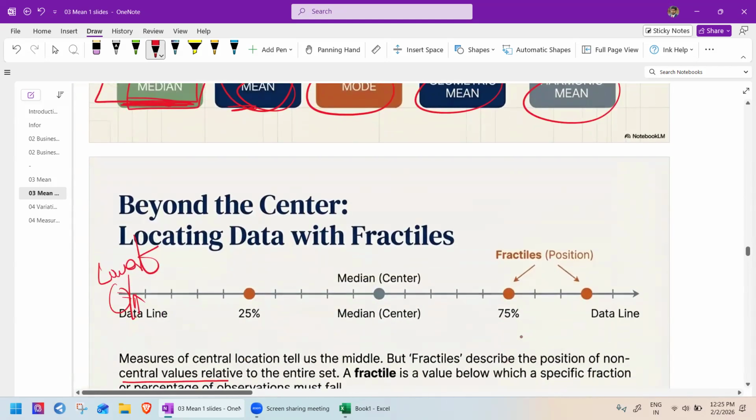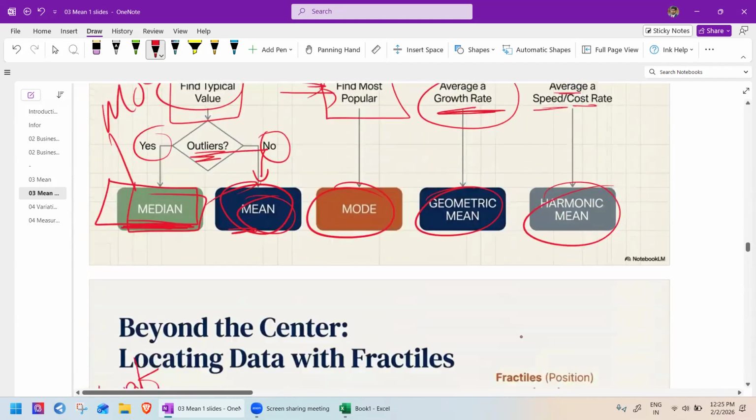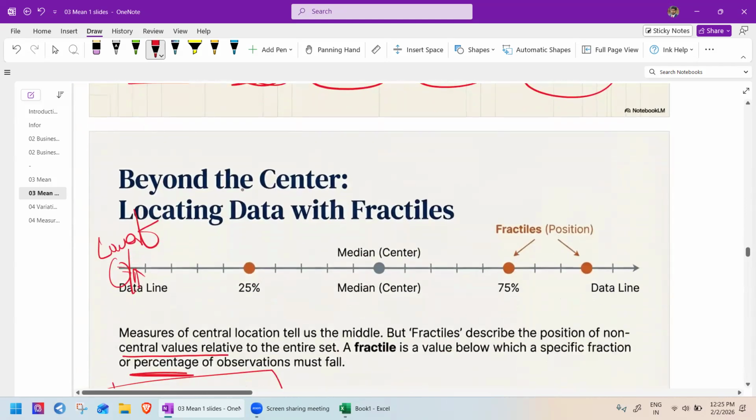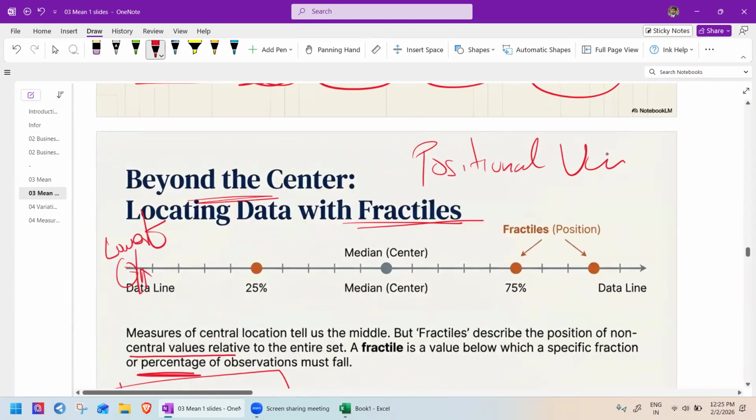So that's what today's session is about. In the next class we will start from positional values, also called fractiles.